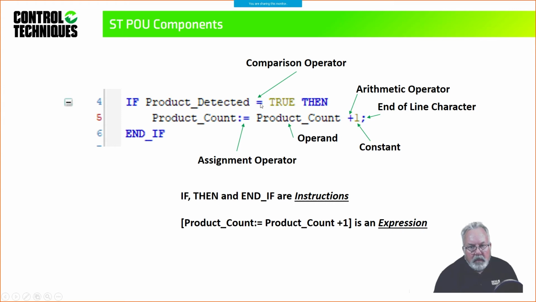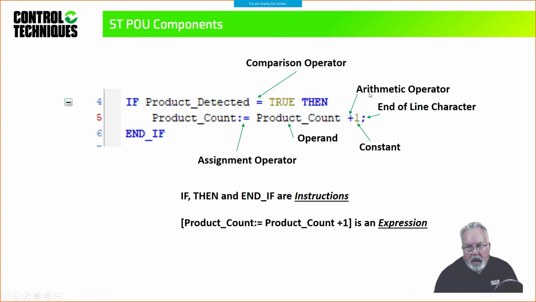So the equals symbol here is a comparison operator. And then pretty simple, if this is true, then do what? So there's a comparison operator. Here's an assignment operator that we looked at yesterday. Colon equals. That's an assignment operator.